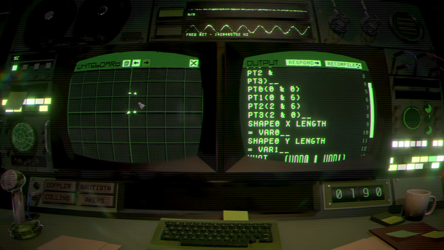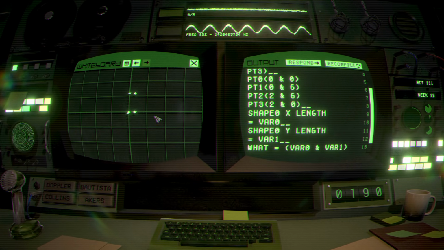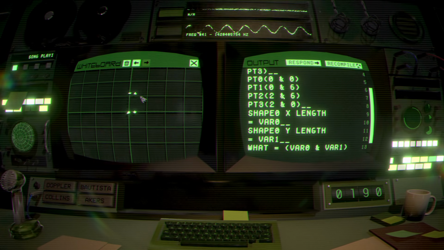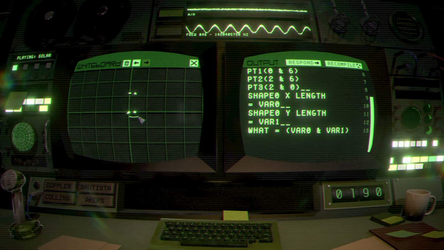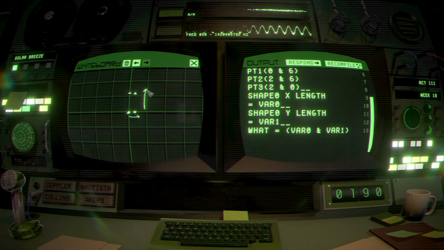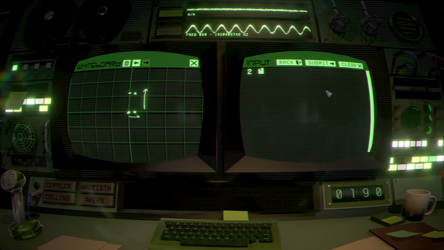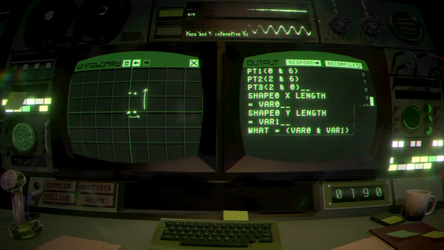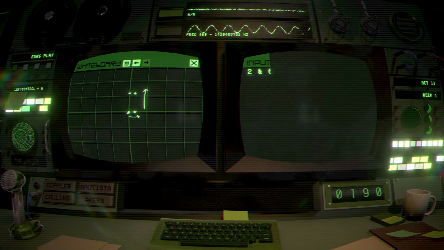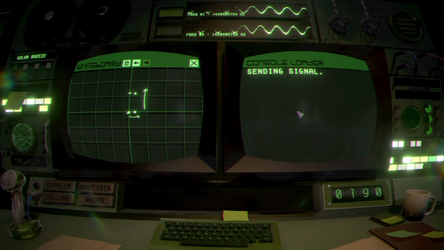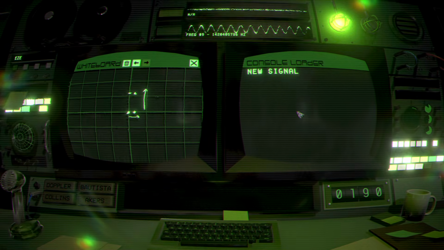There's our beautiful rectangle. So the x length is 2. The y length is 6, right? Goes over 2, up. Let's make sure that's true. So 2 and 6. But let me see. I think they do want the parentheses on this one. Let's throw those in. Beautiful.